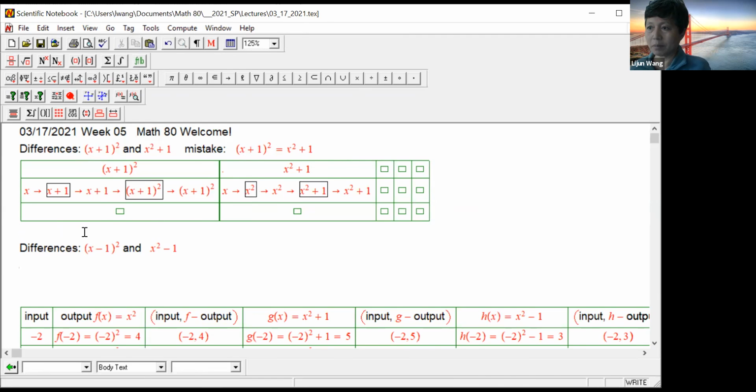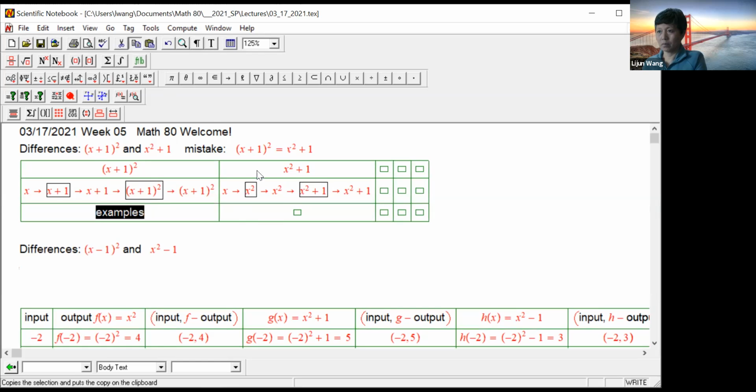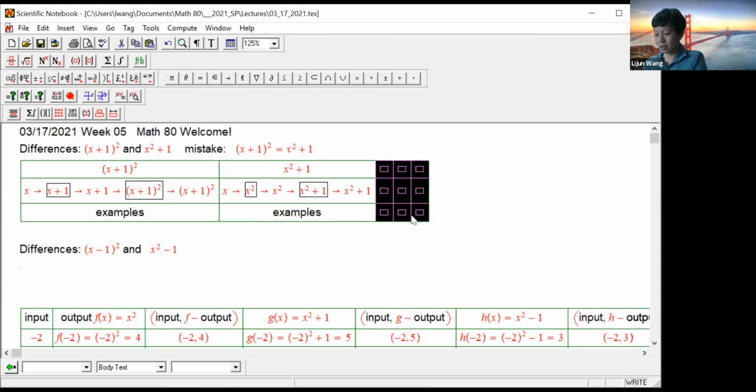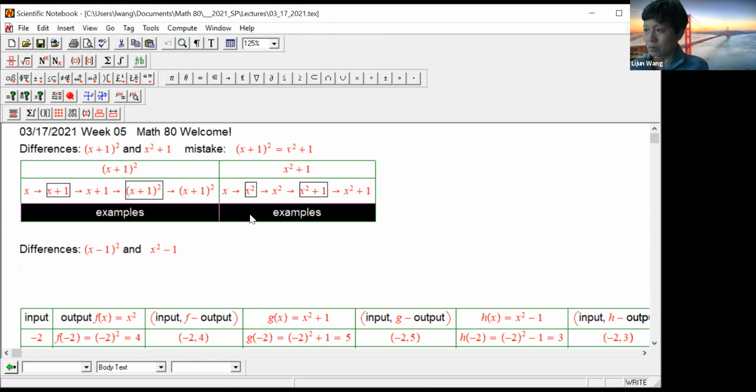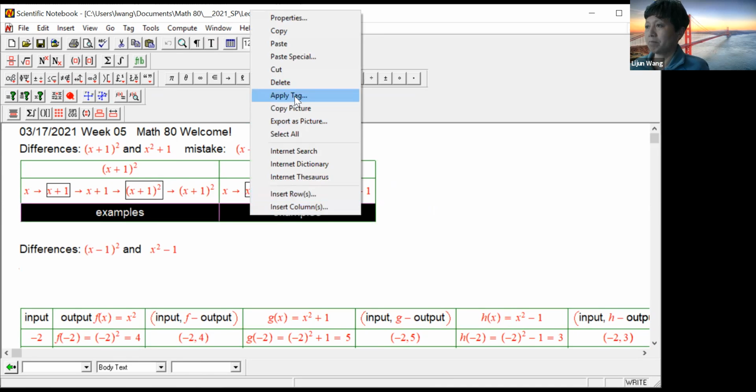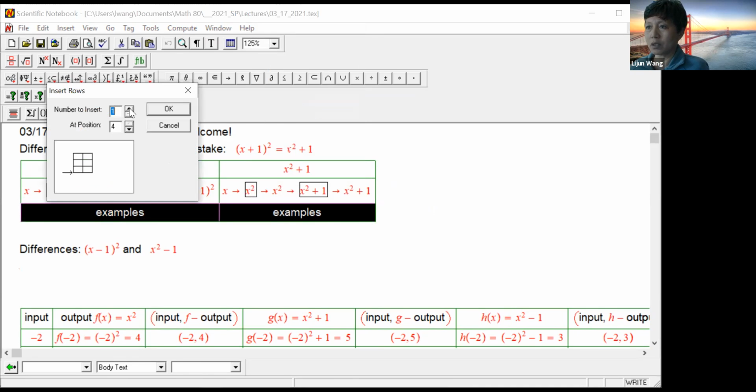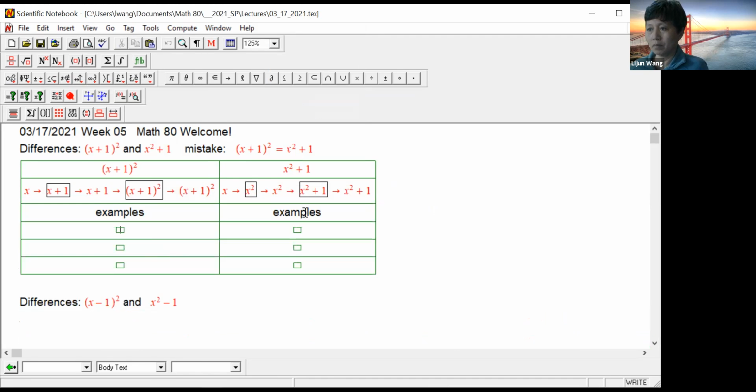Let's look at some examples. Okay, we don't need this anymore. Okay, so now I'm going to insert some rows and I want you guys to work on them.